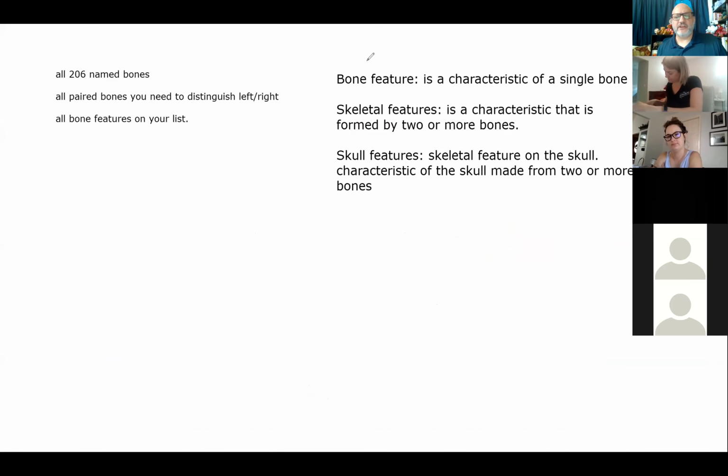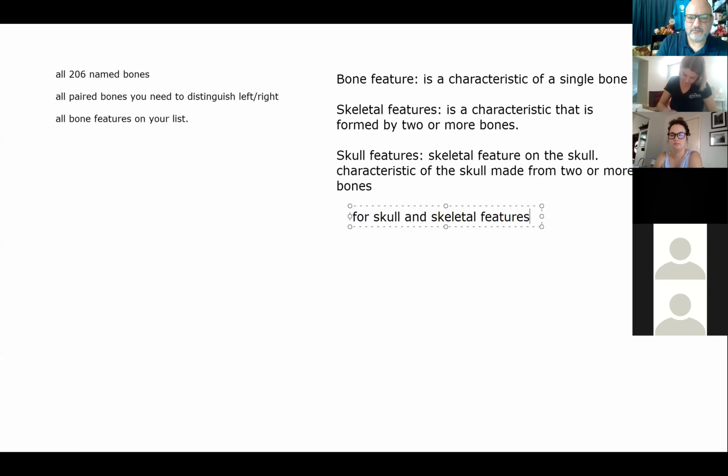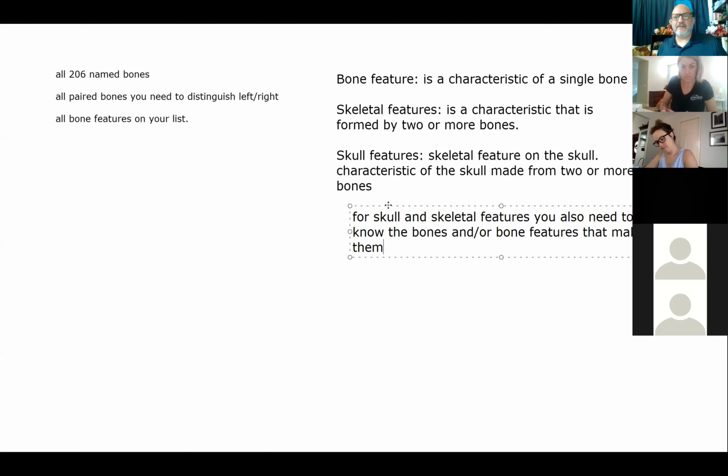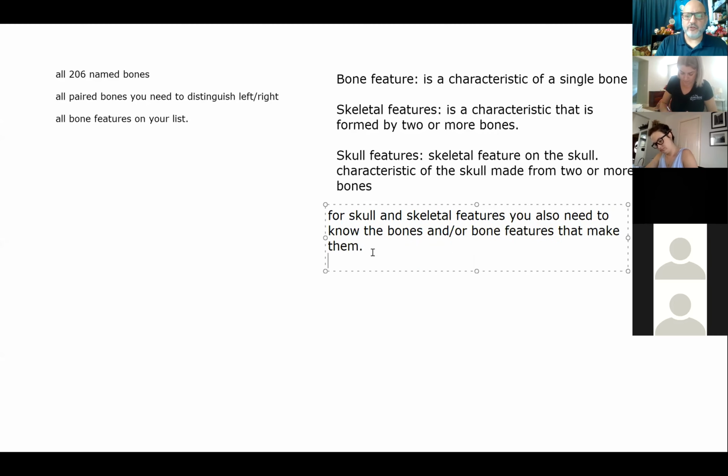So for the skull and skeletal features, you also need to know the bones and or bone features that make them. You definitely have to know all the bones. You have to know the bones that make them, but you only need to know the bone features on the list.